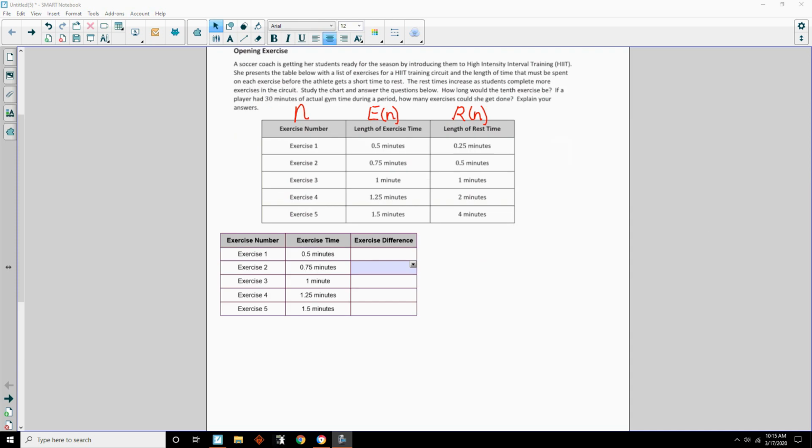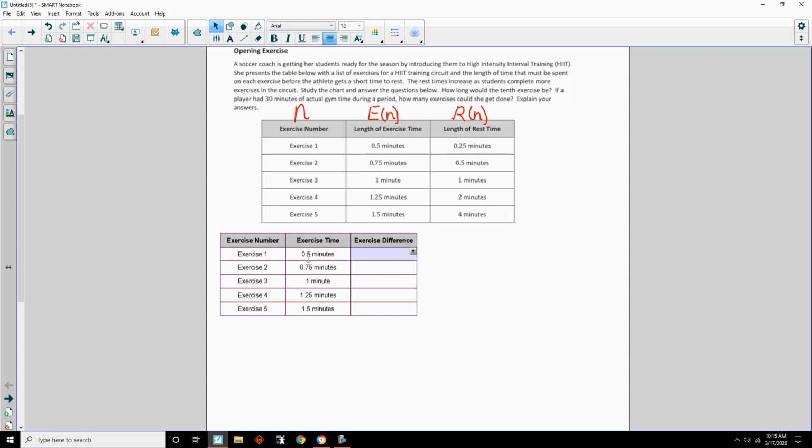Okay, so now the next thing we want to do is determine if it is a geometric sequence or an arithmetic sequence. I've brought this table in, and we want to look for a common difference or a common ratio to determine if it's geometric or arithmetic. If I look at the length of rest time, this is going to be blank right here because there's no length of time between not exercising and rest. There is no rest there.